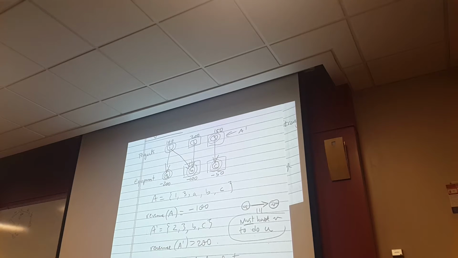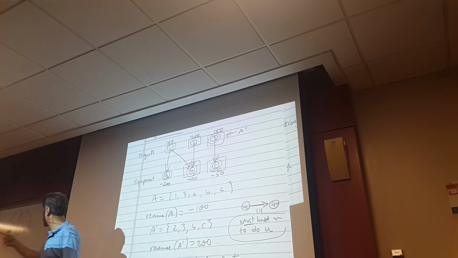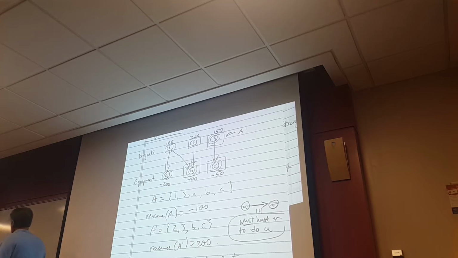And for these that cost money, I'm just going to take the negative of those values. This is going to be 200, and this is going to be 100, and this is going to be 50. So I just copied the numbers. The pluses just stayed as pluses. The minuses became pluses by doing the negation.